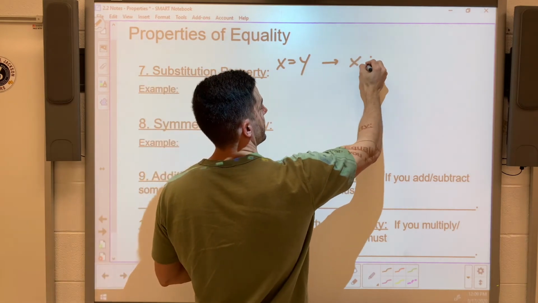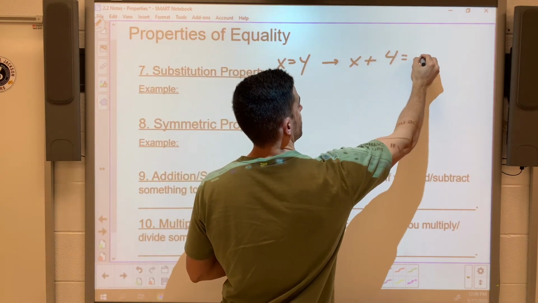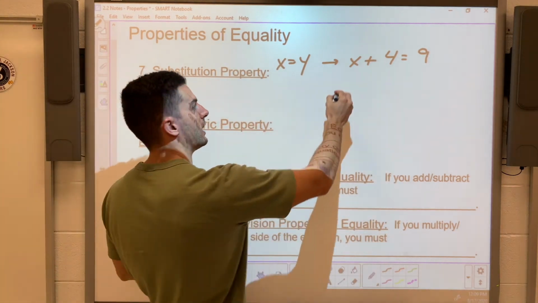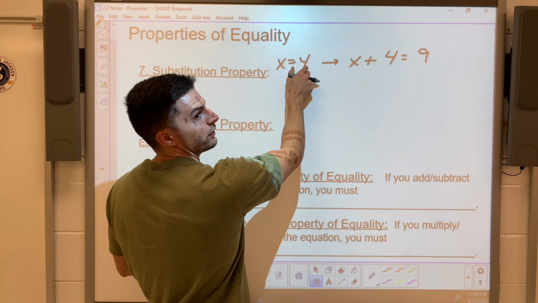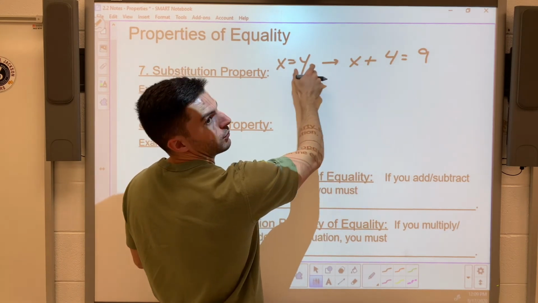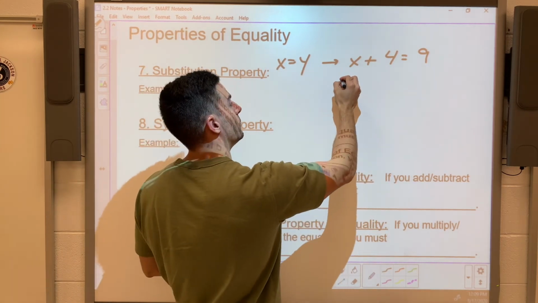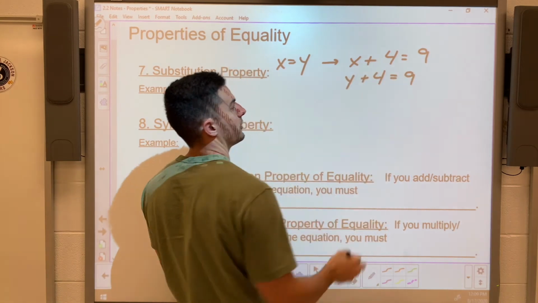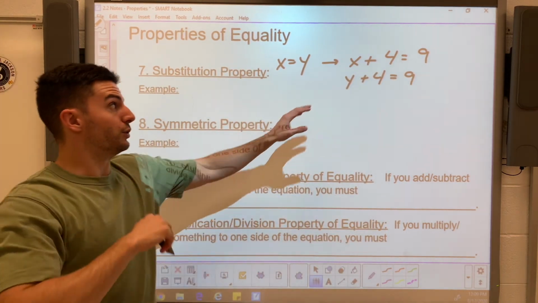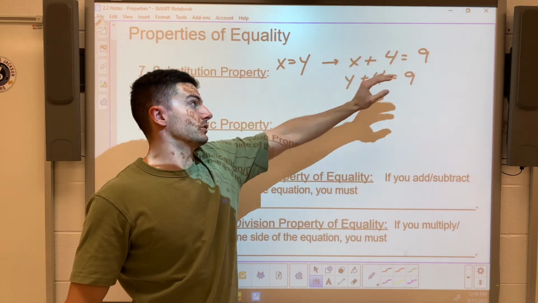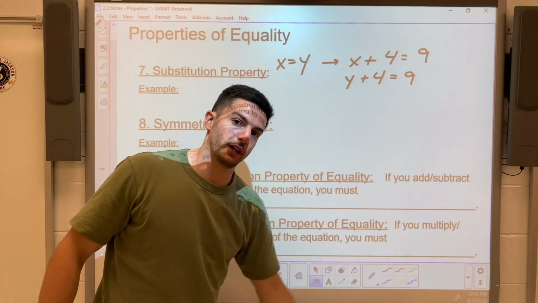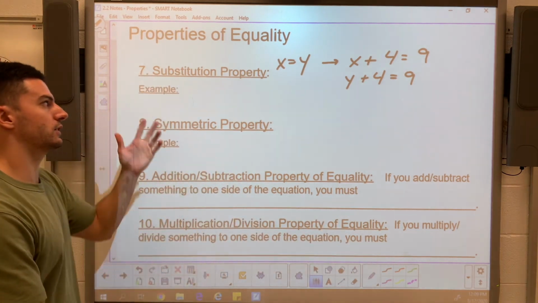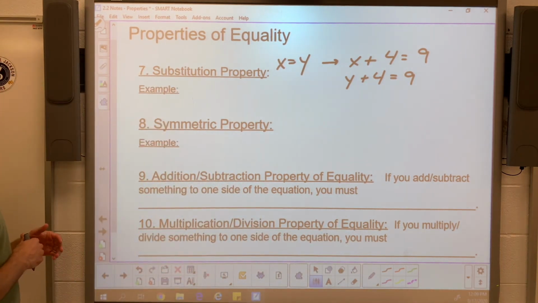And then if you have x plus 4 equals 9, that means that if two things are equal to each other, you can replace one with the other. That's basically what it means. And you guys know that. So the substitution property would say that if we know that x equals y and x plus 4 equals 9, then also y plus 4 equals 9. So you can replace one equal thing with another. That's what the substitution property says.